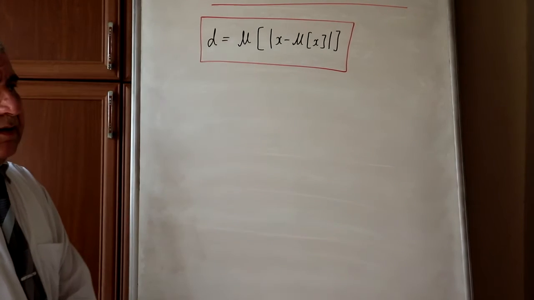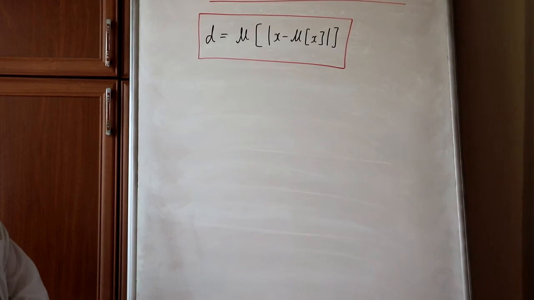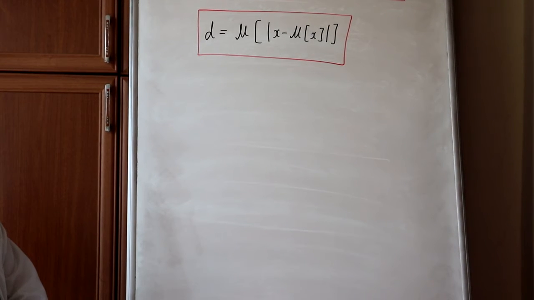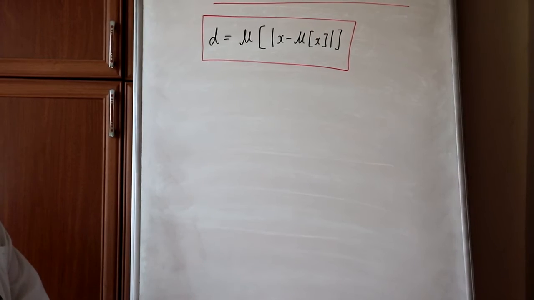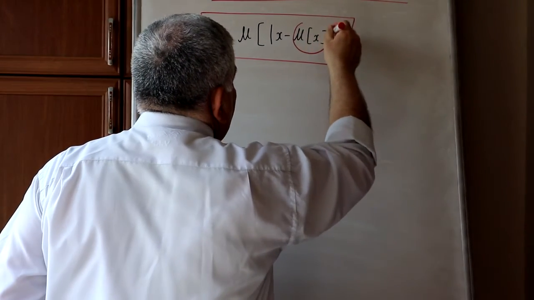Remember that the mathematical expectation of the continuous random variable with the normal distributive density is equal to the symmetry point. That is, MX is equal to a.